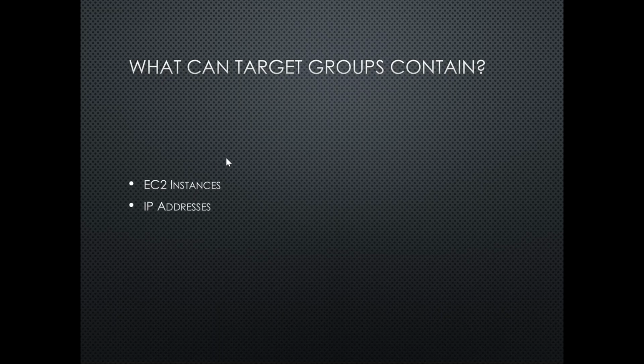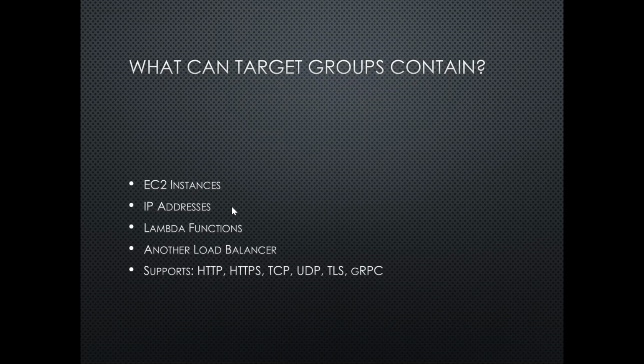Then we have IP addresses, then Lambda functions and another load balancer like Network Load Balancer. It supports the protocols HTTP, HTTPS, TCP, UDP, TLS, gRPC. These are the protocols supported by target groups.